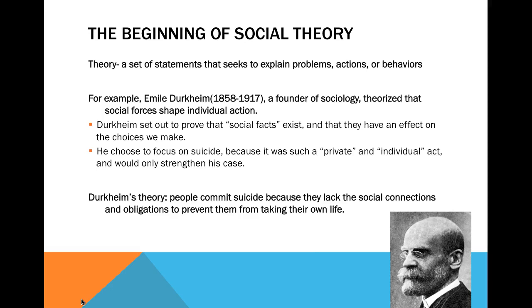The way that he was going to prove that these social facts existed was by focusing on suicide. He focused on suicide because it was such a private and individual act, and it would only strengthen his case.